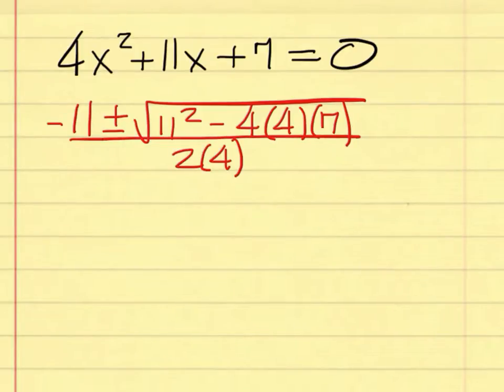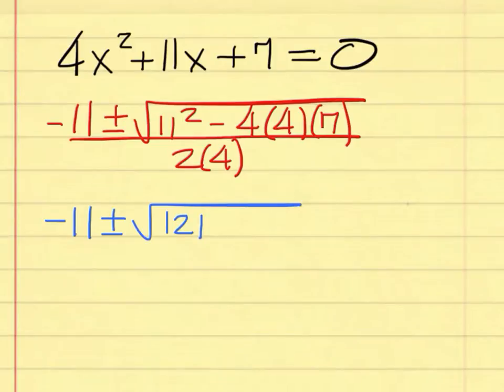Now to start simplifying, negative 11 plus or minus the square root of 112. And 112 you're going to subtract from that, the same as 16 times 7, which is 112. Or 121. We're taking 121 minus 112.